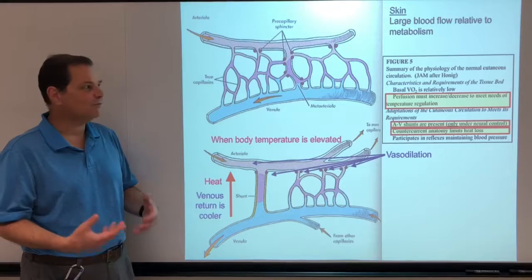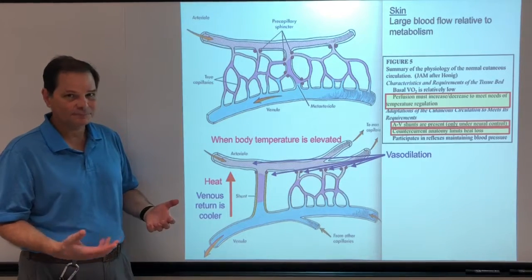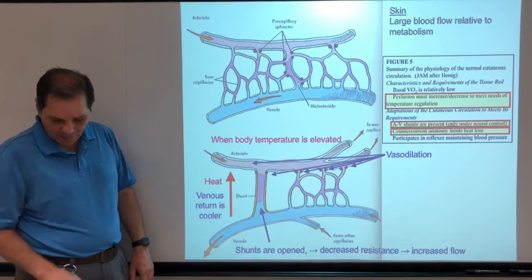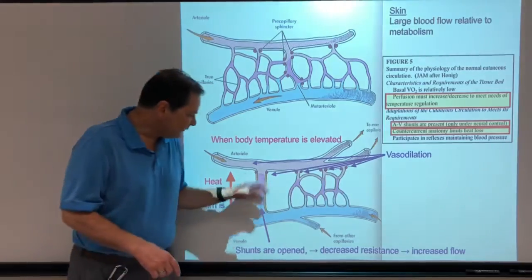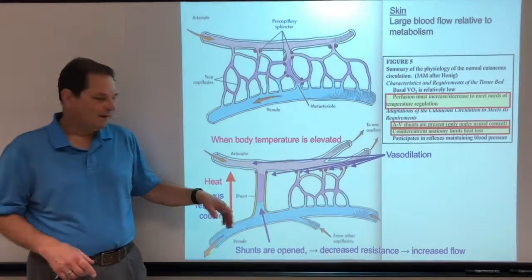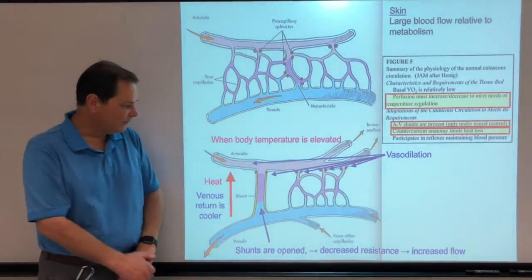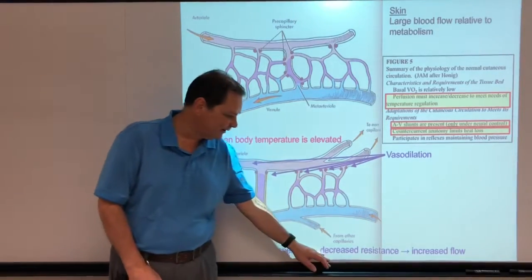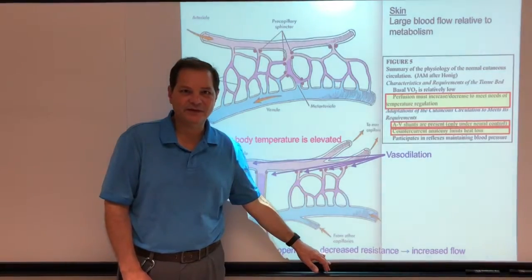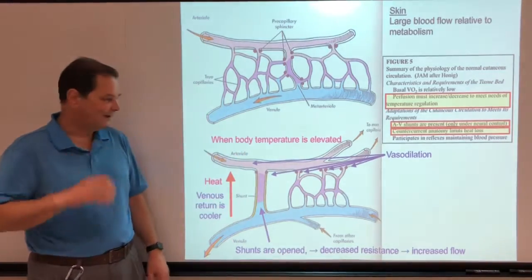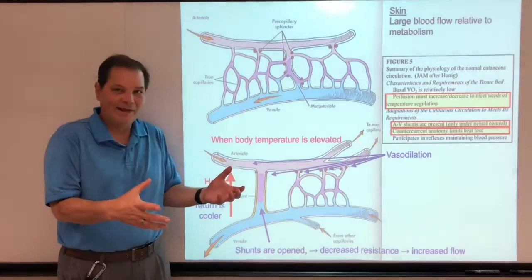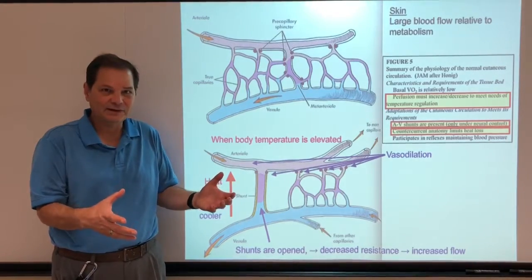Its function is to regulate resistance to flow, okay? The shunts are in the skin, all right? And when you open up a shunt, what you do is you get a dramatic decrease in the resistance to flow to the skin, okay? It's like giving a massive vasodilation, okay?